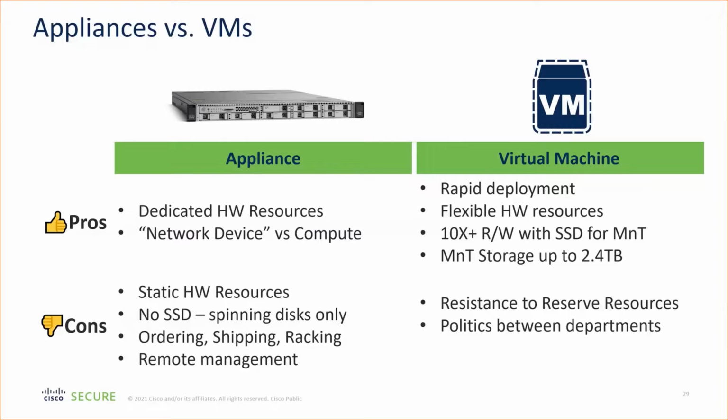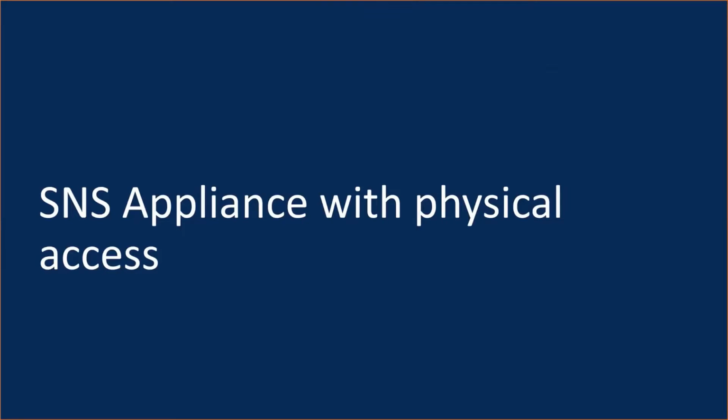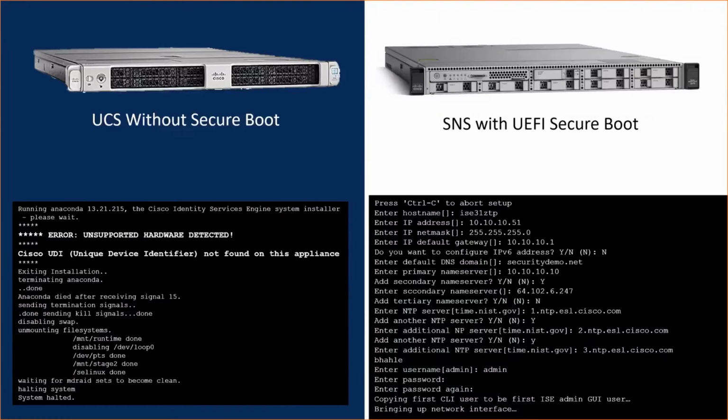So we're going to start talking with the SNS appliances that you have physical access to. One of the biggest questions that we get is, what is the difference between a UCS server and an SNS appliance? The biggest difference is honestly the UEFI support for secure boot. Now, if you try to install ISE from an ISO onto an SNS server, then it goes through without a problem.